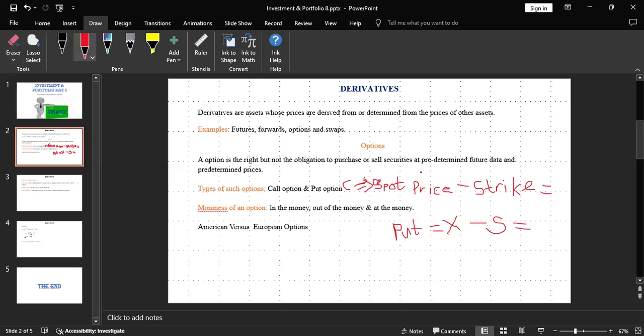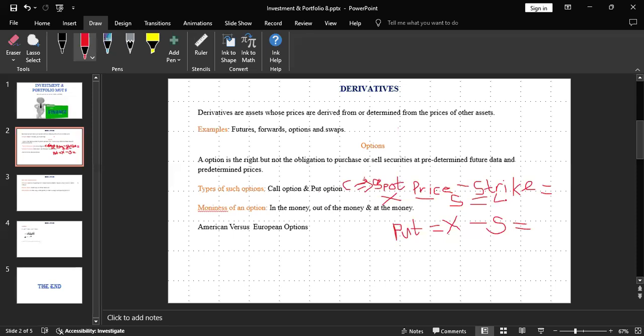So the call option, who purchases, if it happens that the strike price or the exercise price is higher than the spot price, means the person is going to pay more than the market price at that time, he's making a loss.